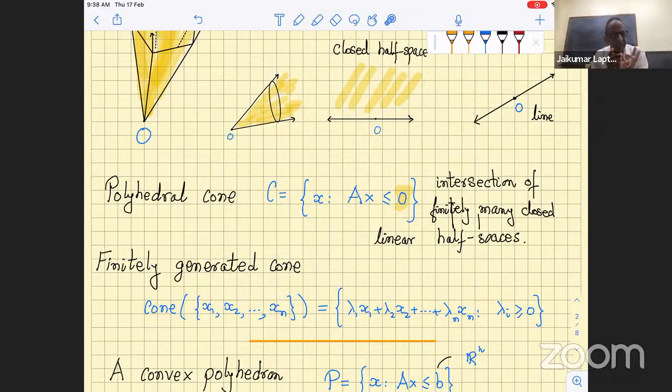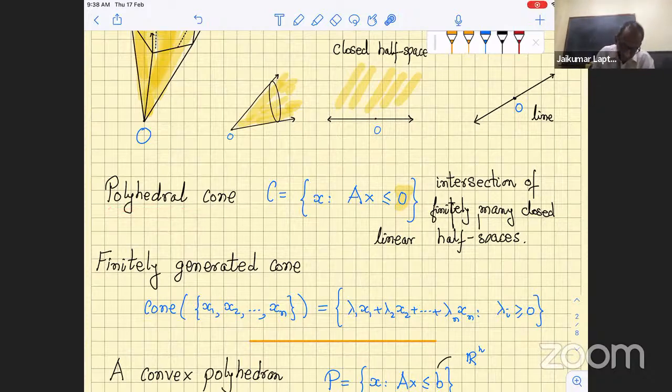And if a point is in this cone, any non-negative multiple of that point will also be in this cone, because each of these inequalities, if you multiply by a lambda, will continue to hold. So if this x satisfies this, and you multiply x by a lambda and lambda is non-negative, all these inequalities will continue to hold. So that is a polyhedral cone.